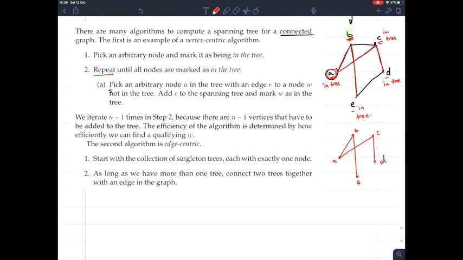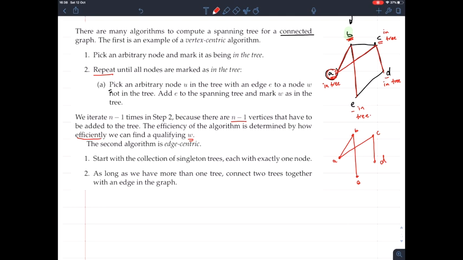If you think about how many times we had to do this, we did the process n-1 times because there are n-1 vertices that have to be added to the tree. So really what this algorithm requires is that you can efficiently find a qualifying vertex to add.